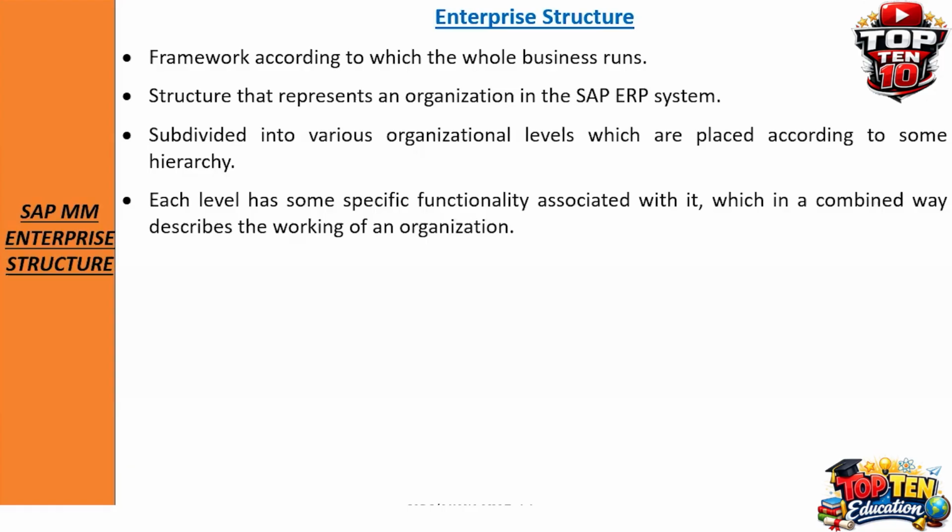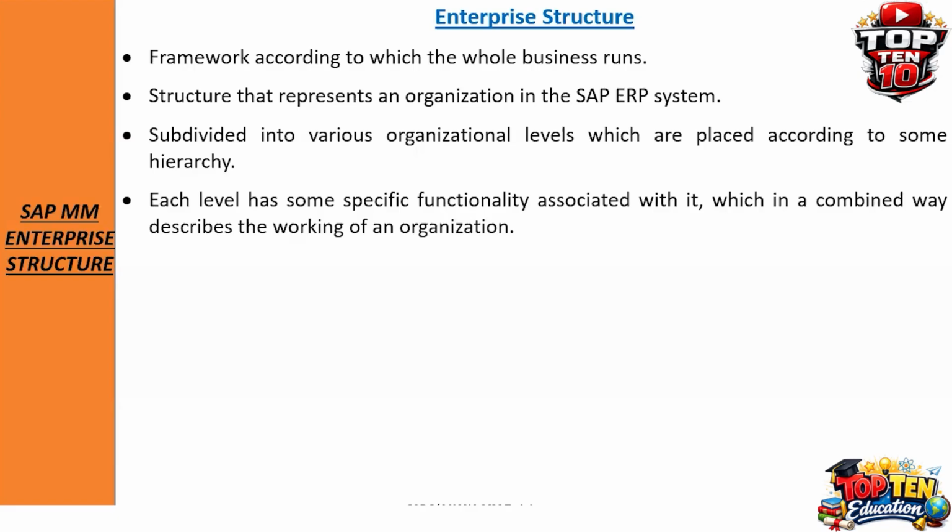So that organization structure is also known as enterprise structure in the SAP S4HANA application. One enterprise structure is nothing but the framework. It is one kind of framework of all the organizational units according to which the whole business runs.